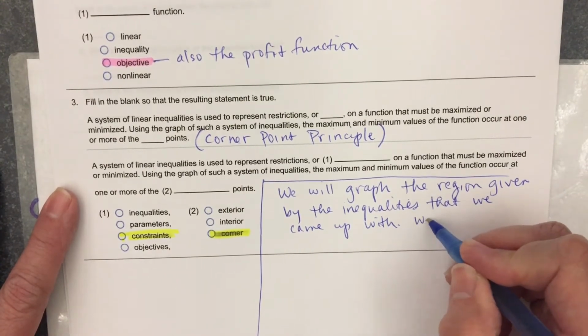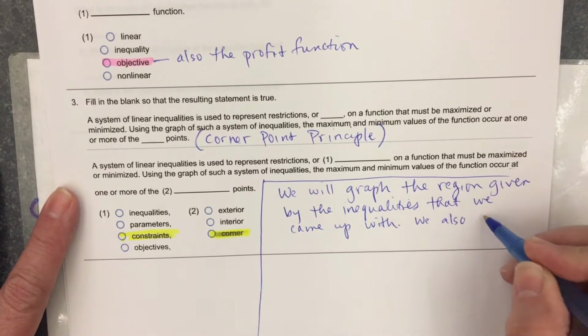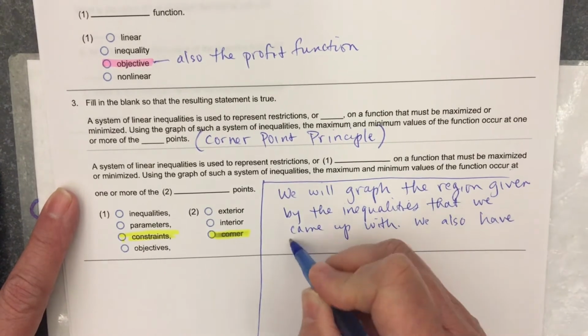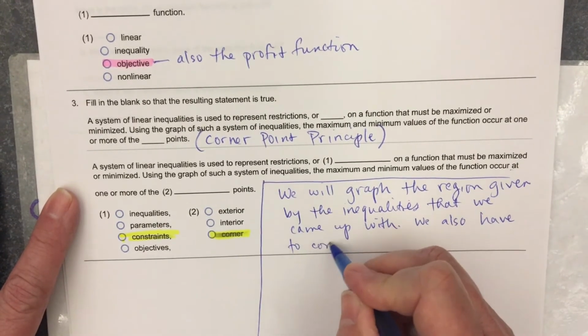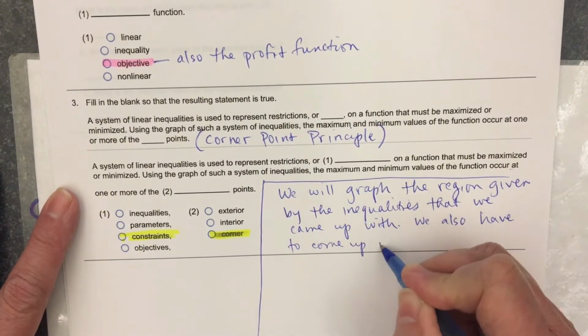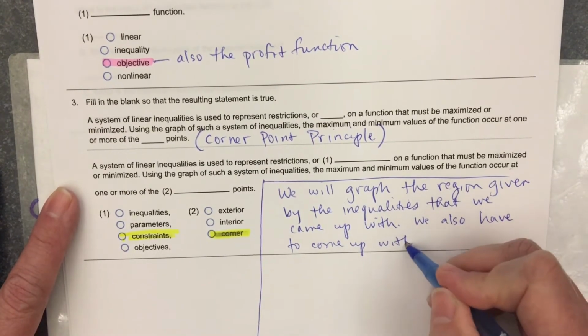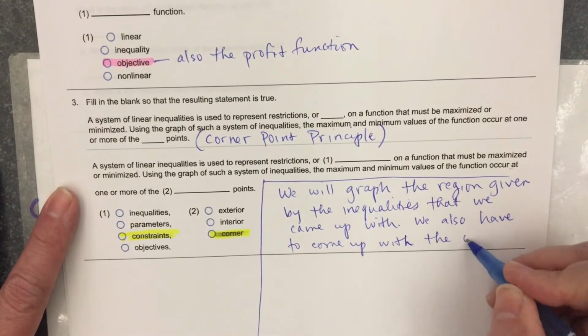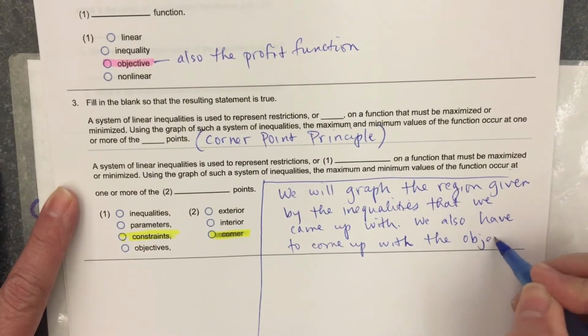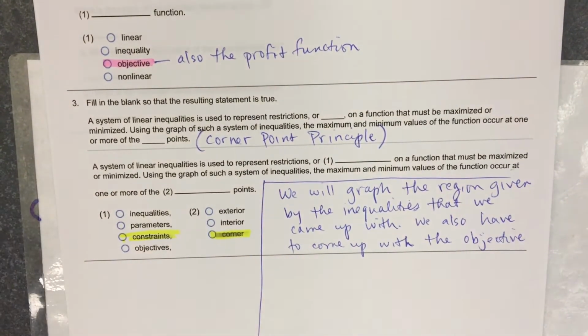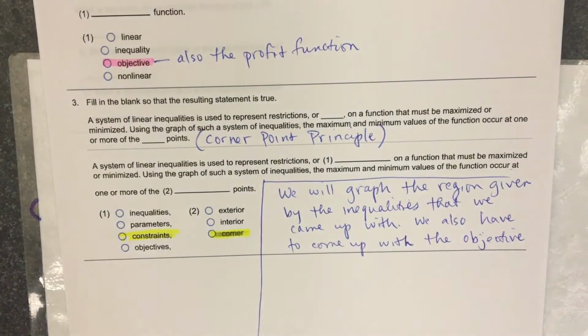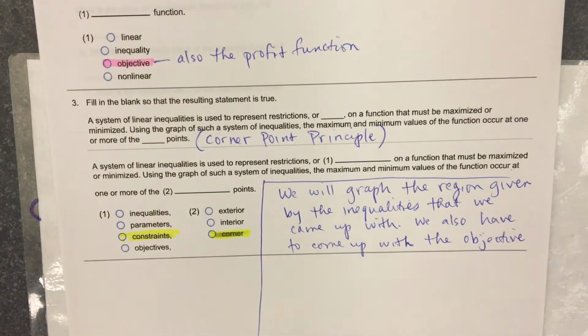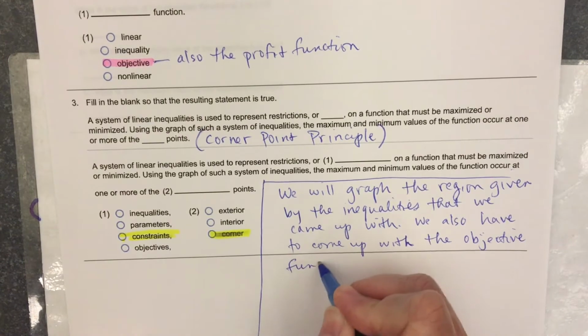We also have to come up with the objective function. And what I'm writing here pertains to a problem like number 12 and 13. So we have to come up with the objective function.